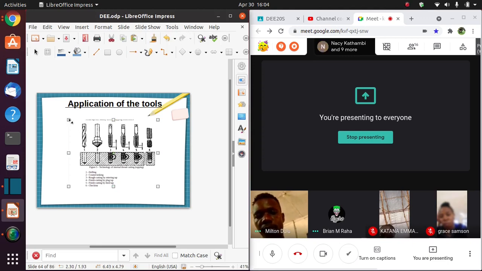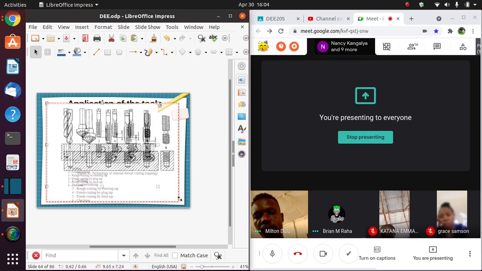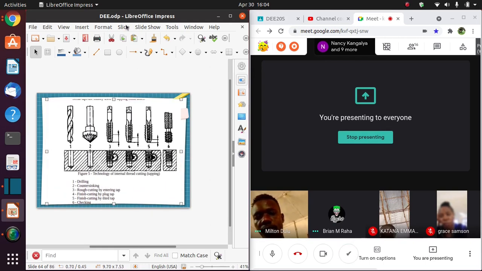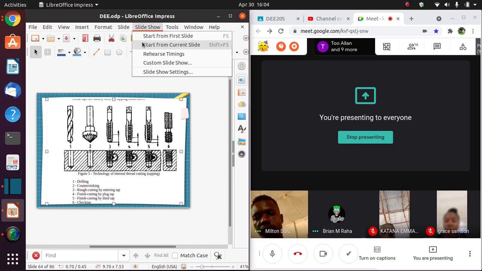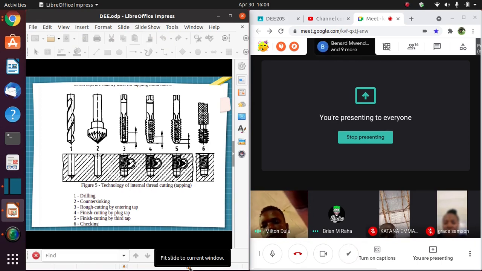That second process is very important because when you're drilling, for example if you go to the workshop and you want to drill, let's say, a 50 millimeter hole, you don't go and pick a 50 millimeter drill and start drilling. No, drilling is done incrementally. You start with a 10 millimeter drill bit, then you go to 30, 40 until you reach 50.